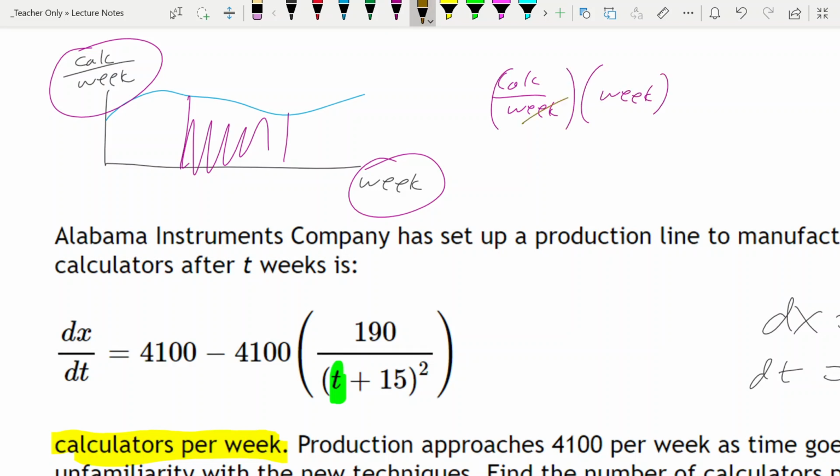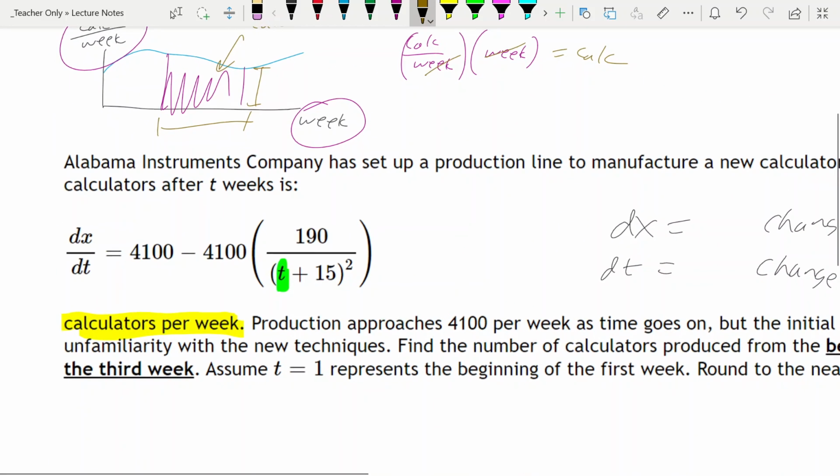So the weeks would divide, leaving us with the units of calculators. So if we integrated this, it would give us the number of calculators, right? This area, width times height, would represent the number of calculators. Now, is it the total number of calculators? No, it's the calculators that were made those weeks.